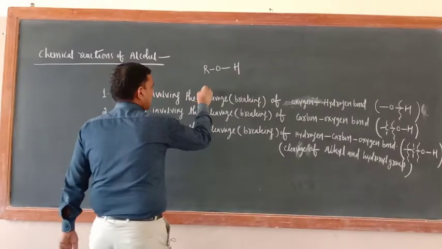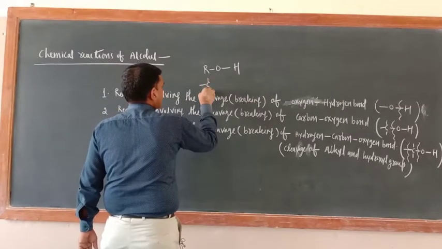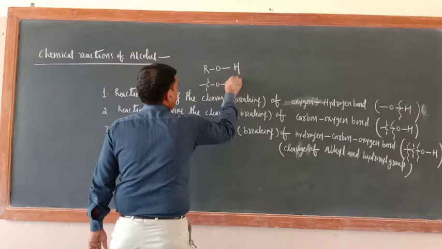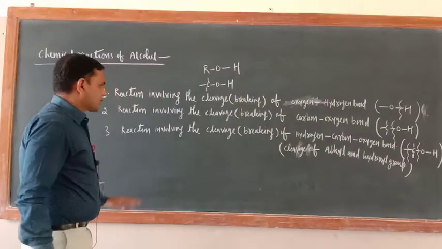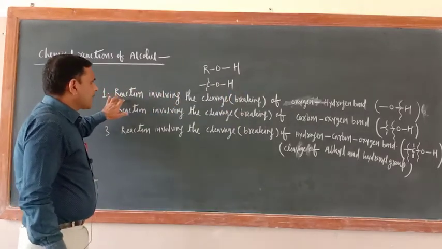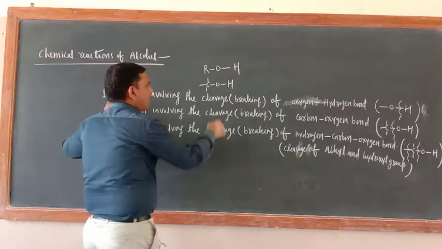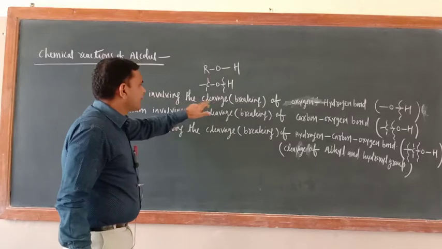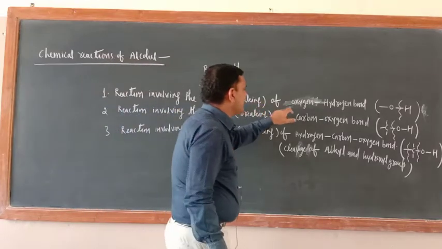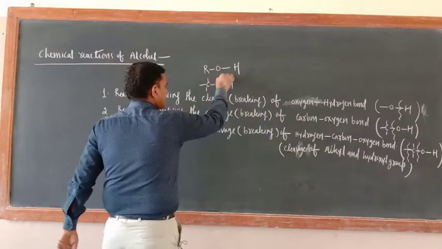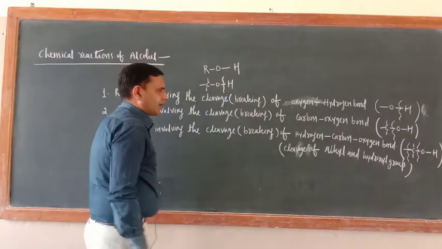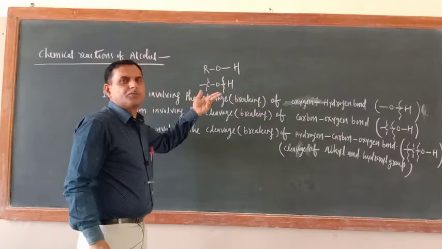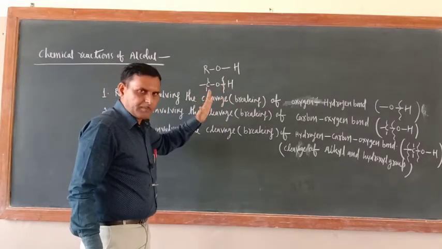We can write it like that also. Now just see, there would be one category of reaction where a bond would be broken from here. The reaction involving the cleavage, that is breaking, of the oxygen-hydrogen bond. This bond would be broken, and H positive will come out. Are you getting my point or not?